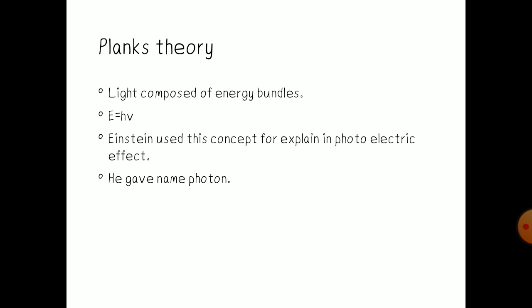So energy is given by h nu, where h is Planck's constant and nu is the frequency of radiation. This concept of Planck was used by Einstein to explain the photoelectric effect, and he gave the name photon to the quanta.